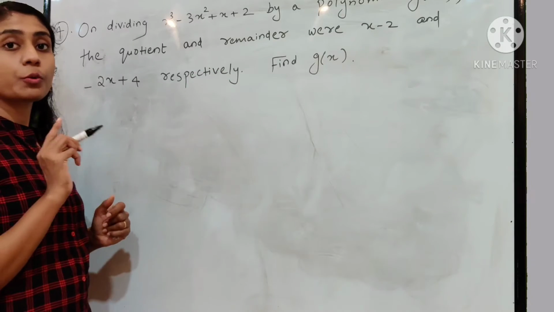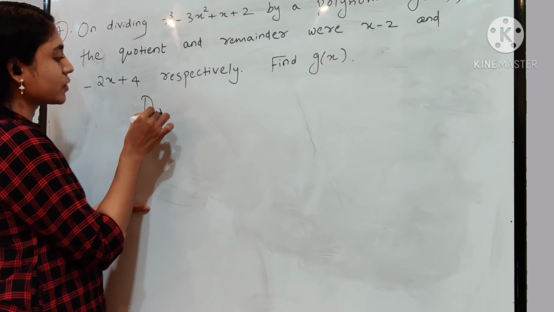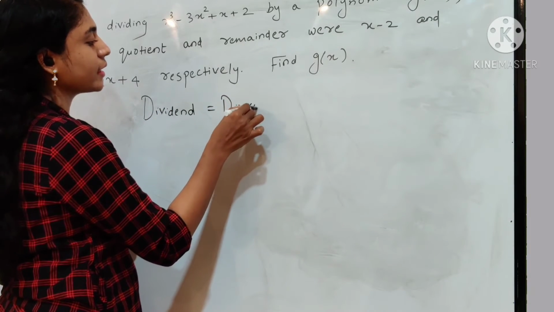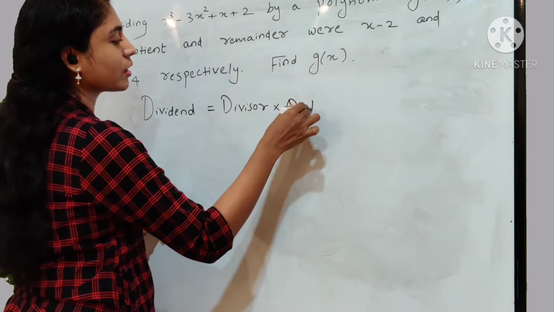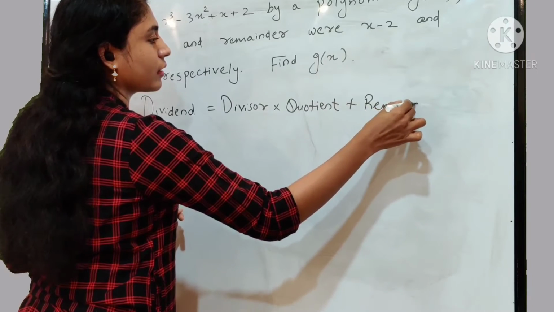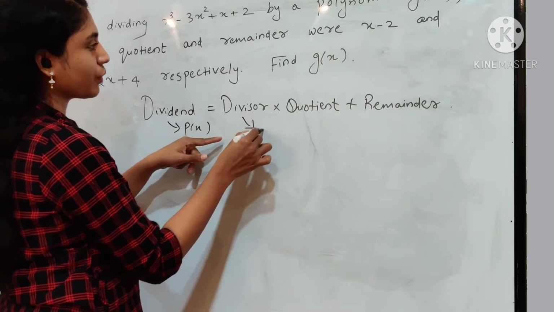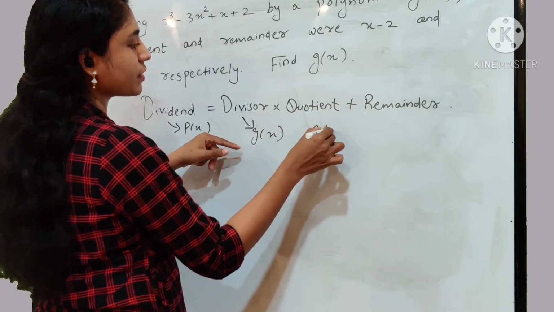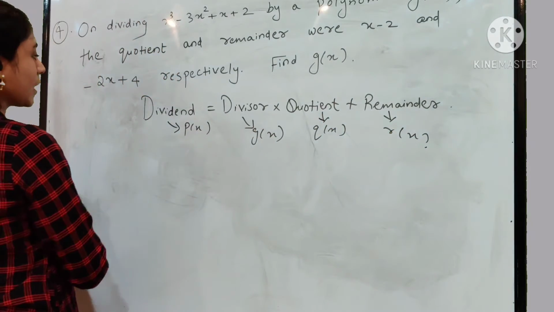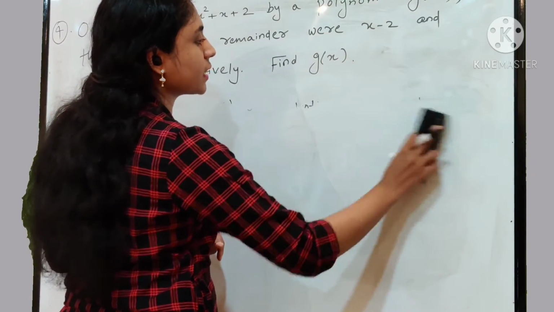We know the formula: dividend is equal to divisor into quotient plus remainder, where the dividend is p of x, the divisor is g of x, the quotient is q of x and the remainder is r of x. So we can find g of x using this equation.